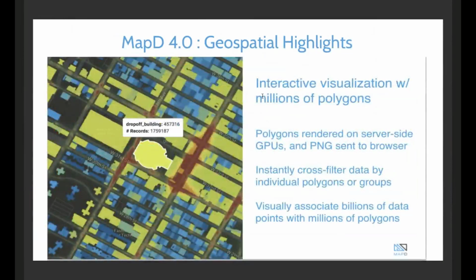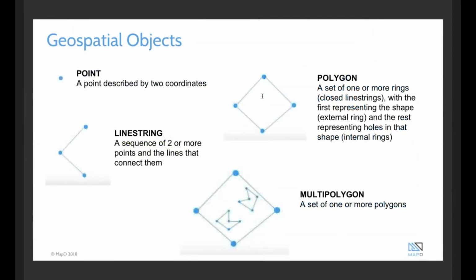A month ago, we launched MapD 4.0, and with 4.0 we support geospatial data types. That means we can support geospatial objects like a point, line string, polygon, multi-polygon, and these are native now in the MapD database.